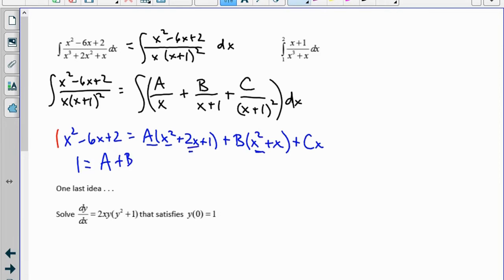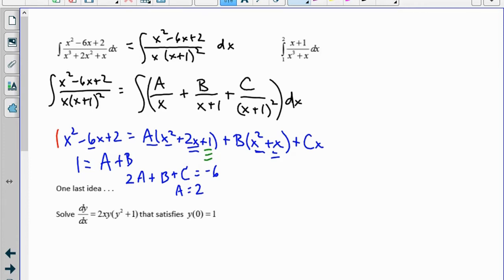The x terms, I have 2a plus b plus c equals negative 6, because that's what the x terms will end up equaling. And then a equals 2 is the last thing, because there's only one variable that has a constant for anything, and that's a.